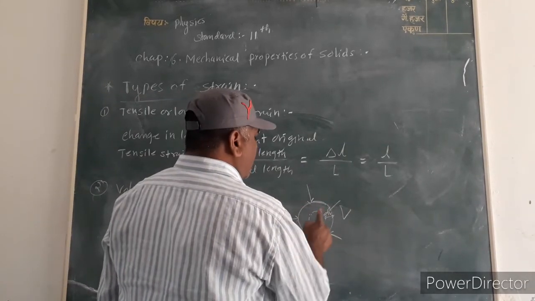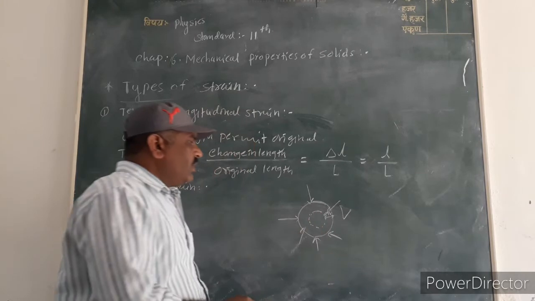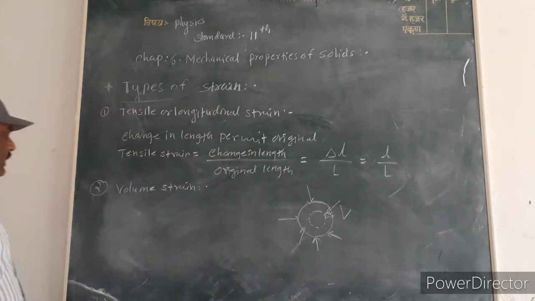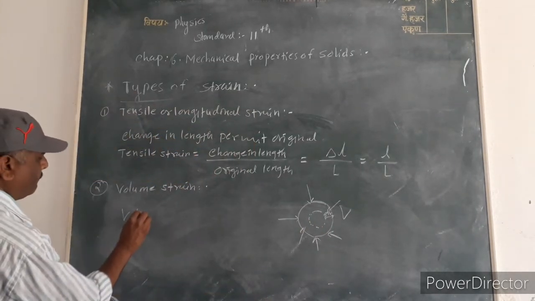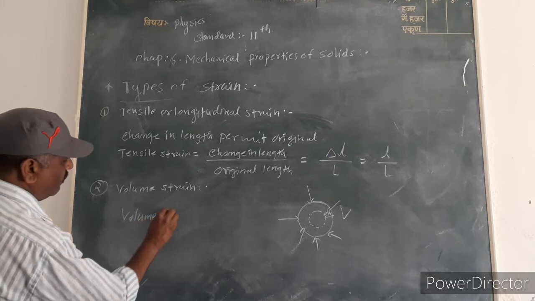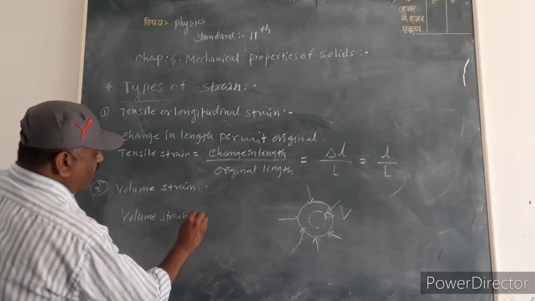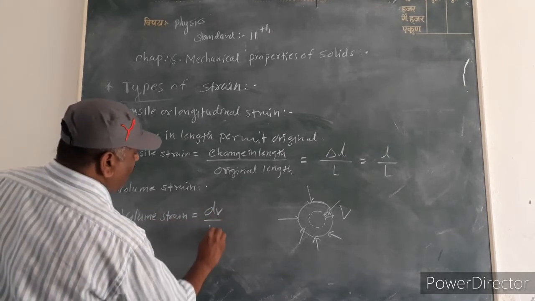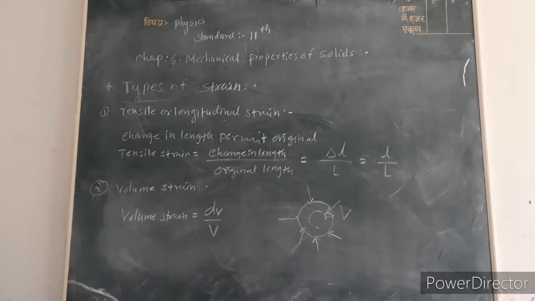This is the original volume and this is the change in volume dV, and the volume strain is equal to the change in volume divided by the original volume. This is called the volume strain.